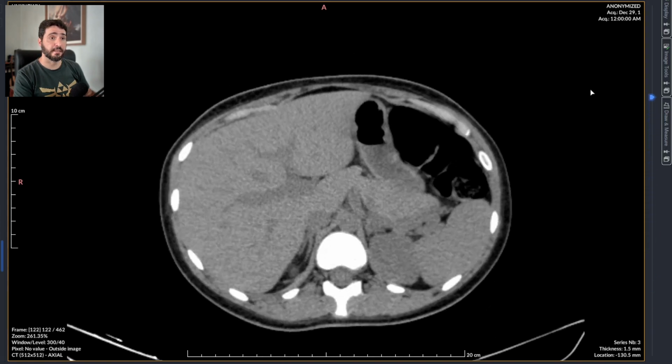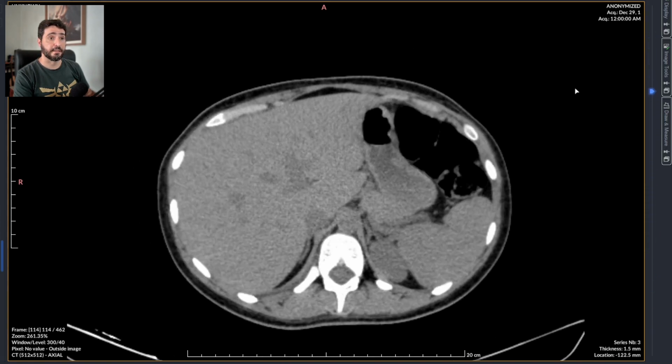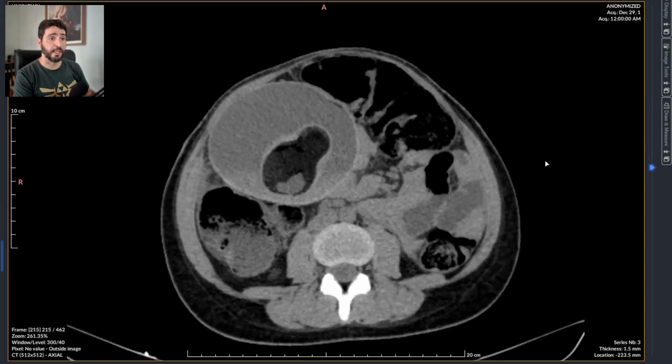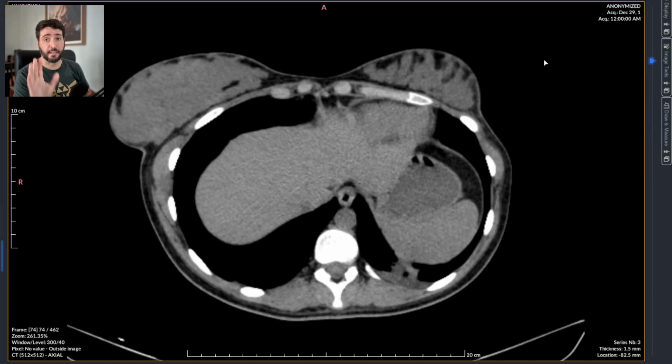This is unenhanced. This is the only series of images we have, and we are looking for a large palpable mass in the pelvic cavity, for some reason an acute one. As I have already told you, this is a classic case. We can make the diagnosis without the need of contrast enhancement.